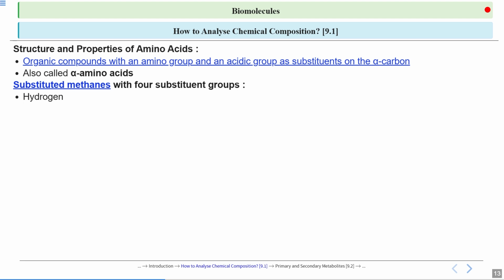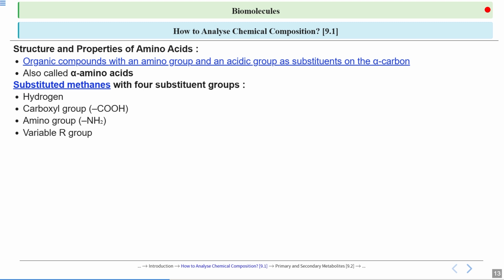One is hydrogen. Then the second is the carboxylic group, which is COOH. Then the amino group, which is NH2. And there is an R group. The R group can be variable. You can also call the R group the side chain. The R group can be methyl, ethyl.